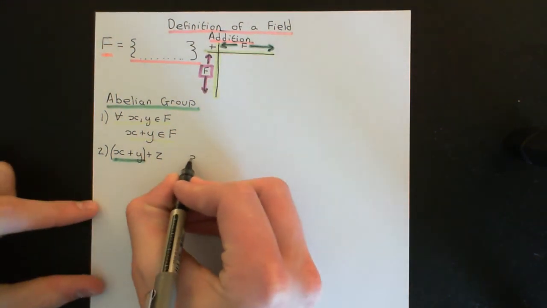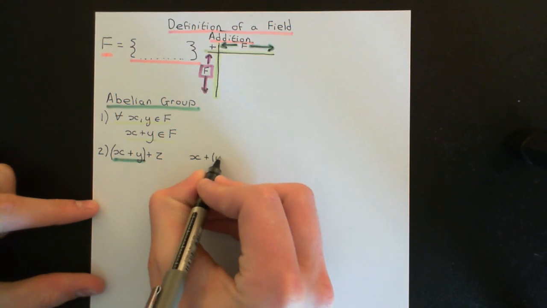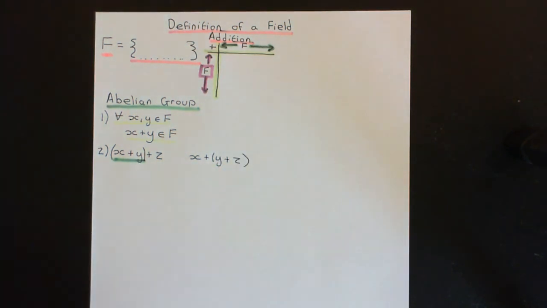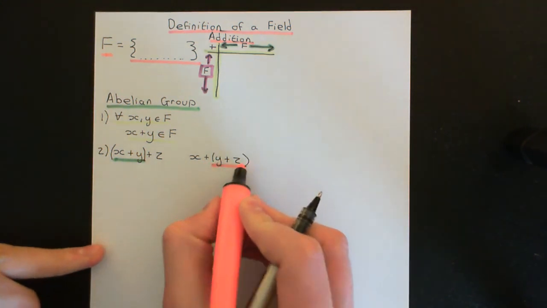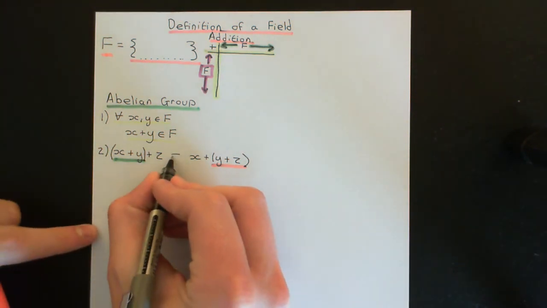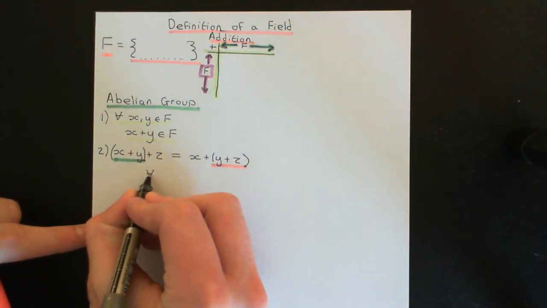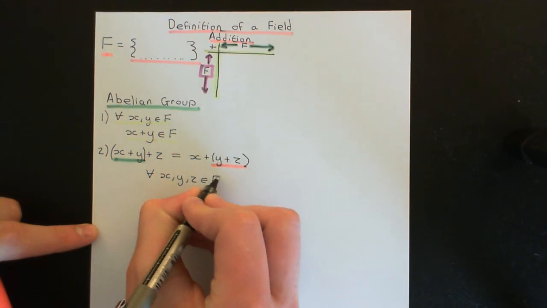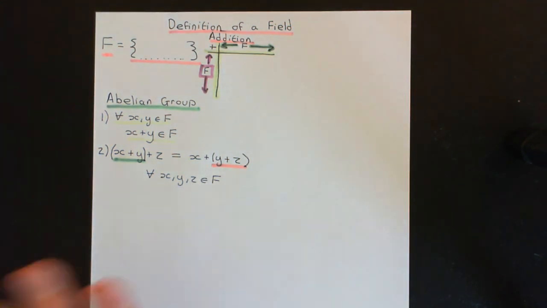That's by putting the brackets around y plus z. So you could also put the brackets around y plus z here. And basically, axiom number 2 of this addition composition table for being an abelian group composition table says that these two things must be equal to one another for absolutely all little x, little y, and little z that you could take from the set capital F. So that is the associative law: when you want to add three things together, there is one and only one answer to that.